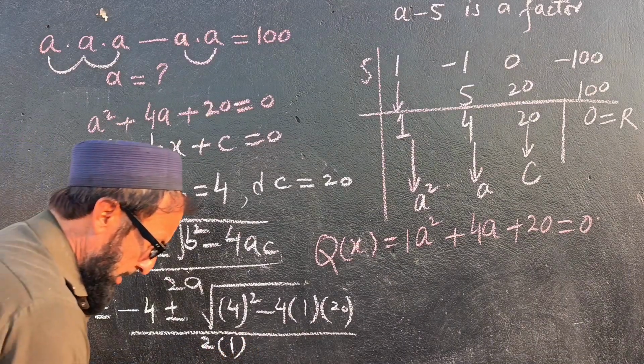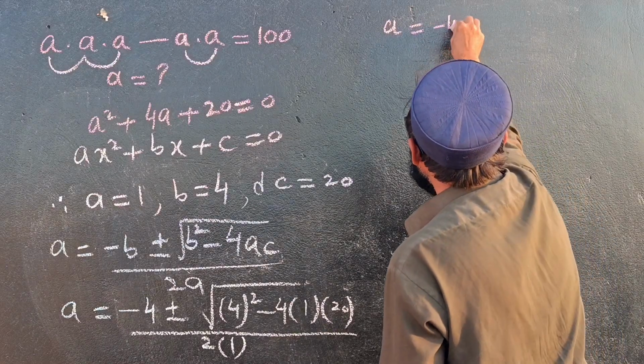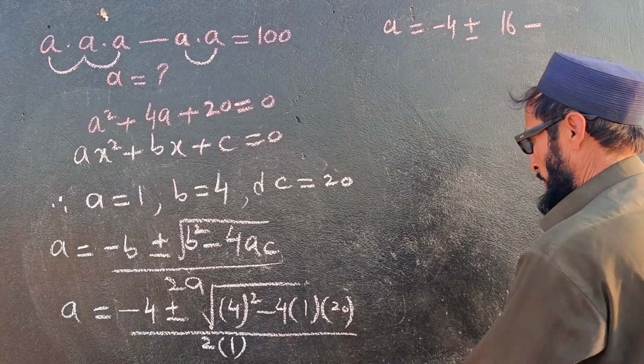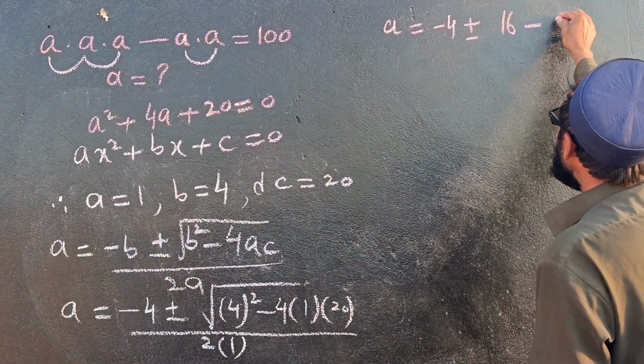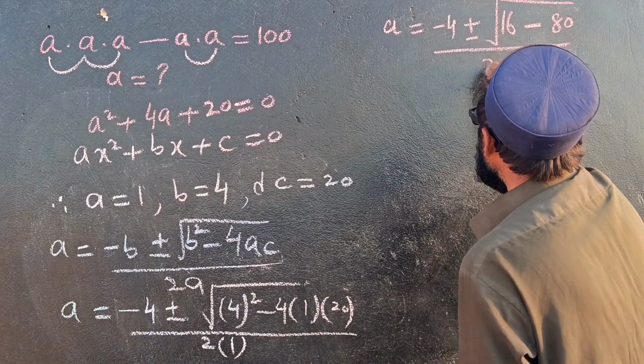Now we simplify. Here a is equal to minus 4 plus or minus the square root of 16 minus 20 multiplied by 4, that is 80, divided by 2.